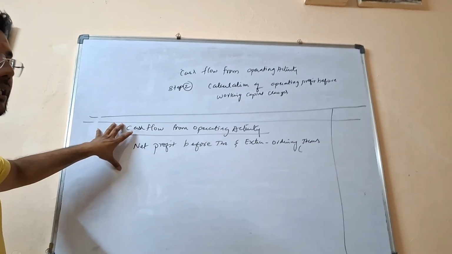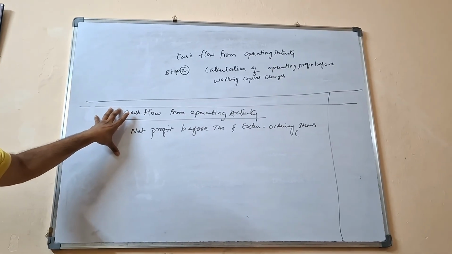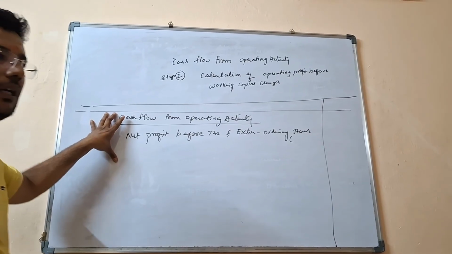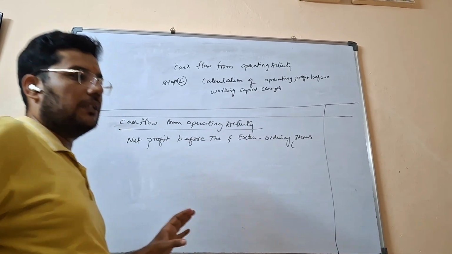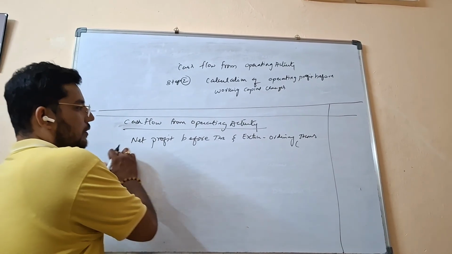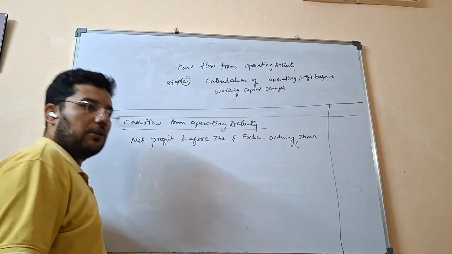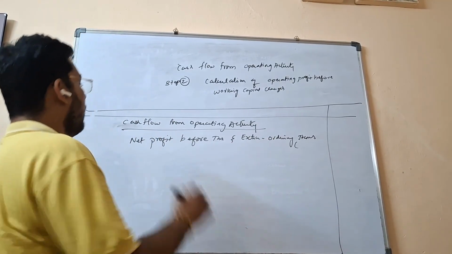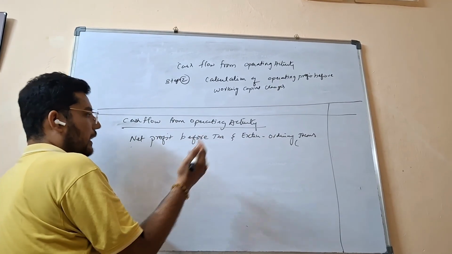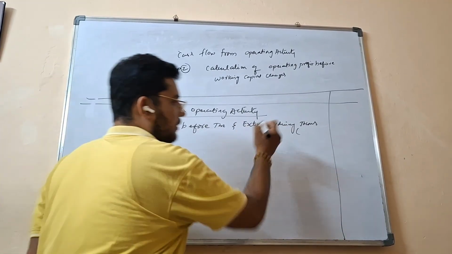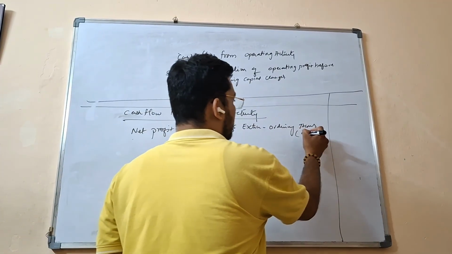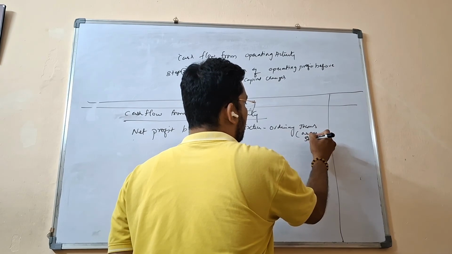Step 2 onwards we can take it in cash flow statement. If there is no extraordinary items and all, if only directly surplus, that is balance in statement of profit and loss, you will do surplus, that is balance in statement of profit and loss, closing minus opening. Or if extraordinary items are there, net profit before tax and extraordinary items, as per step 1, you can write.